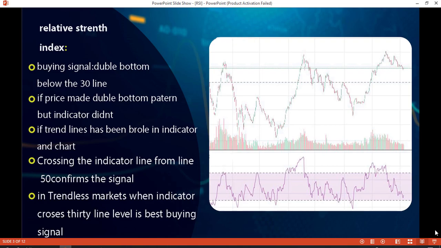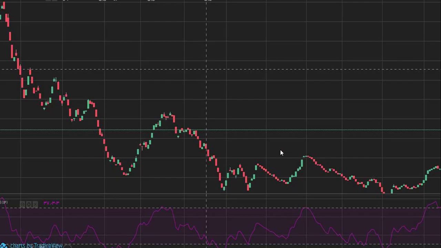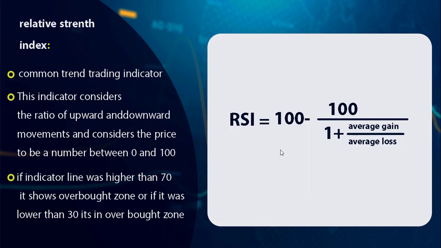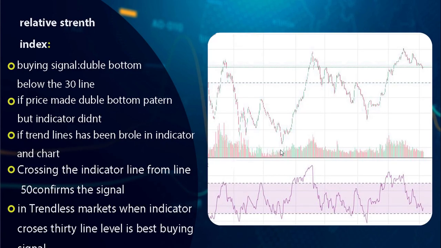Let's continue, guys. Yes, we were in this signal. One of the first types of signal is when we have a double bottom in the indicator line below the 30 line, okay, in the oversold zone.